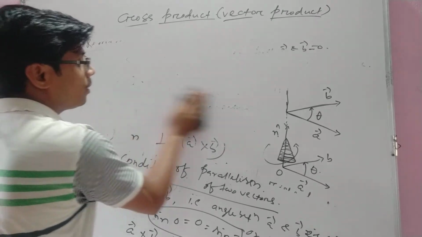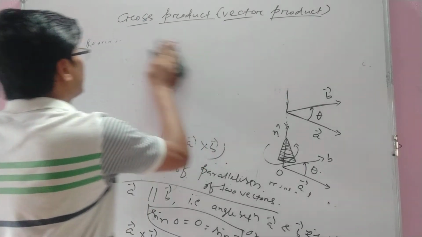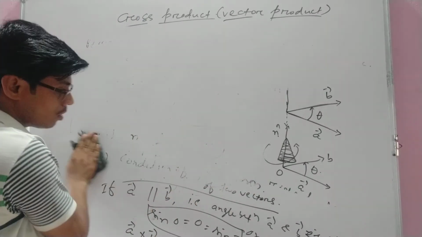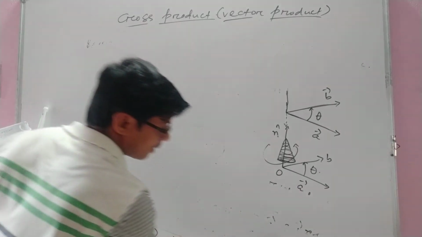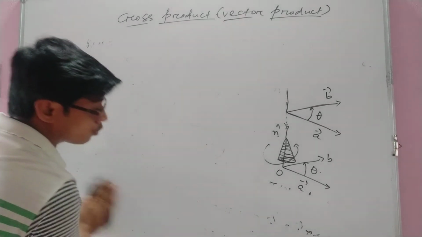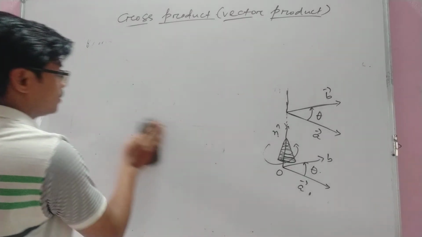Next, what will be the cross product of two equal vectors? We know that the angle between two equal vectors is 0.